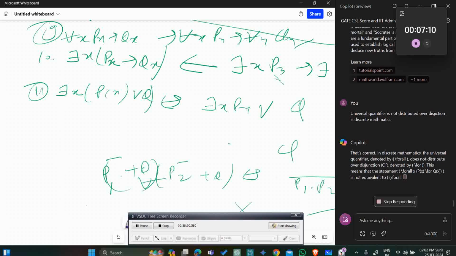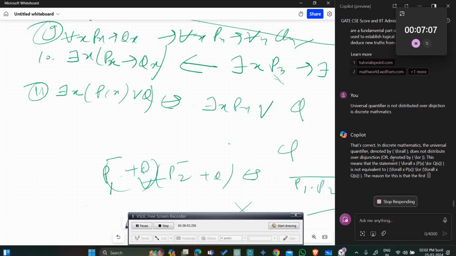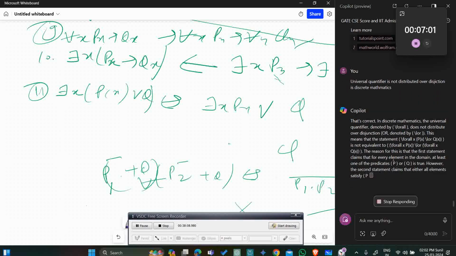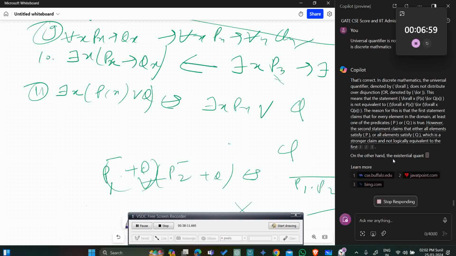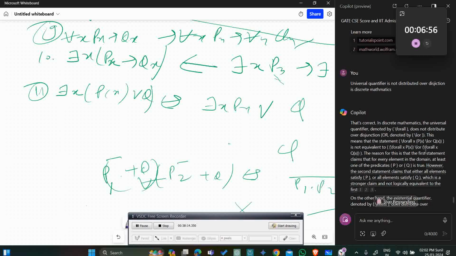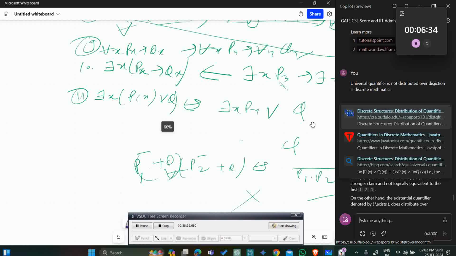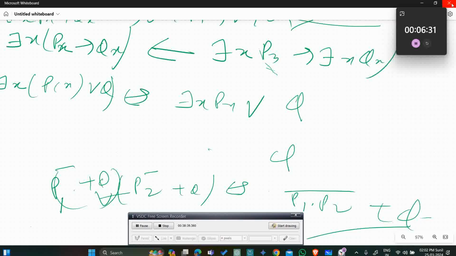This means that for all x, P(x) or Q(x) is not the same as for all x, P(x) or for all x, Q(x). The original statement claims that for every element in the domain at least one of the predicates P(x) or Q(x) is true. Right. Not logically equivalent.